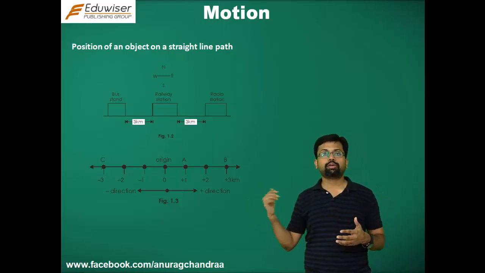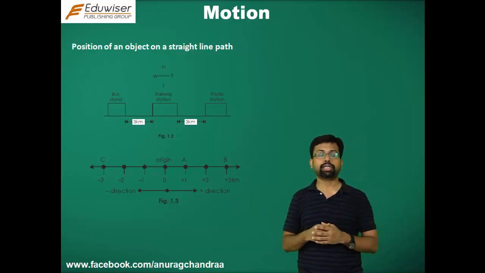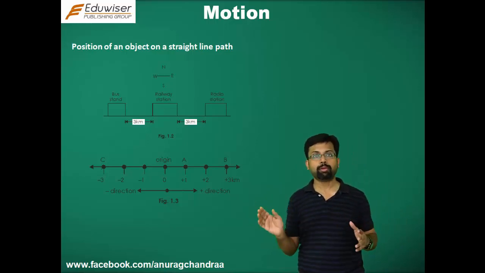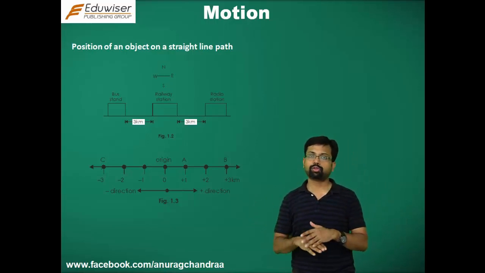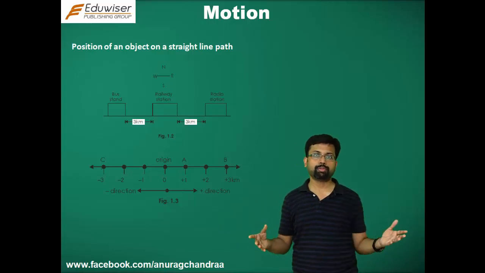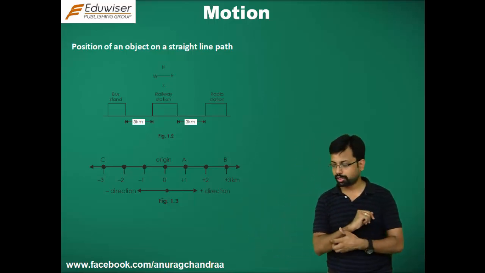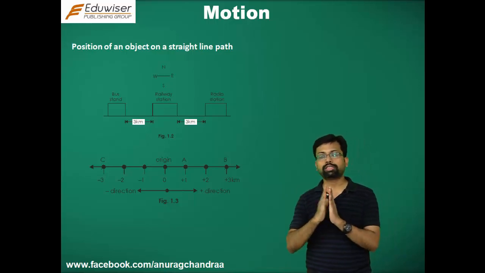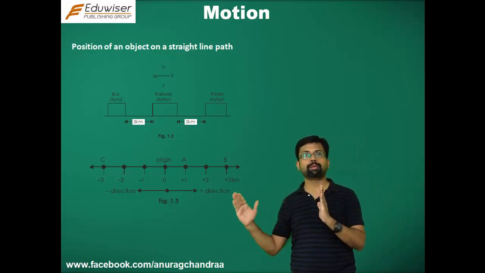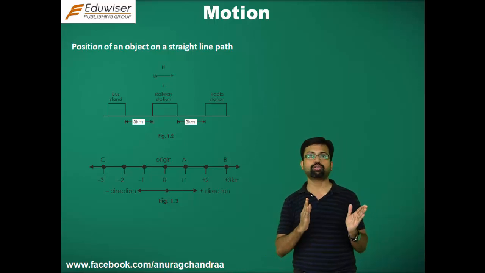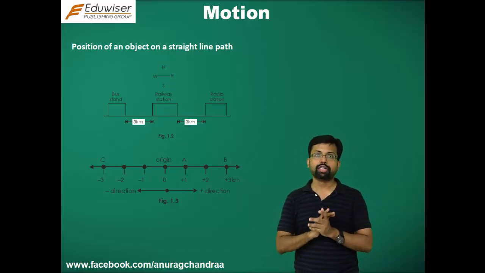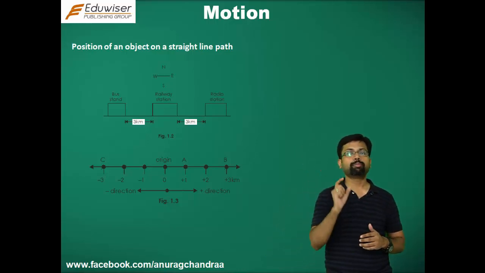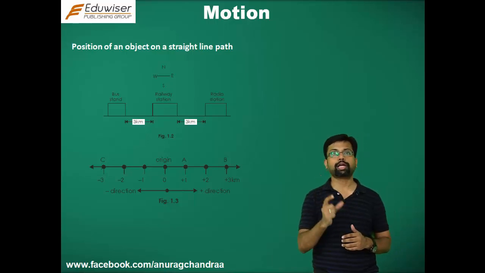One side of it will be positive and the other side can be taken negative. It is not mandatory which side will be positive and which negative. You could take the right side to be positive and the left to be negative, or vice versa. But you have to know that one side of the origin is going to be positive and the other side is going to be negative. This will help us know the position of an object on a straight line path.